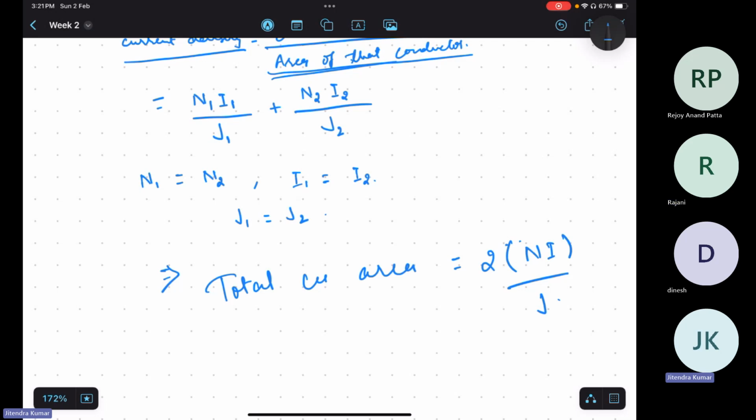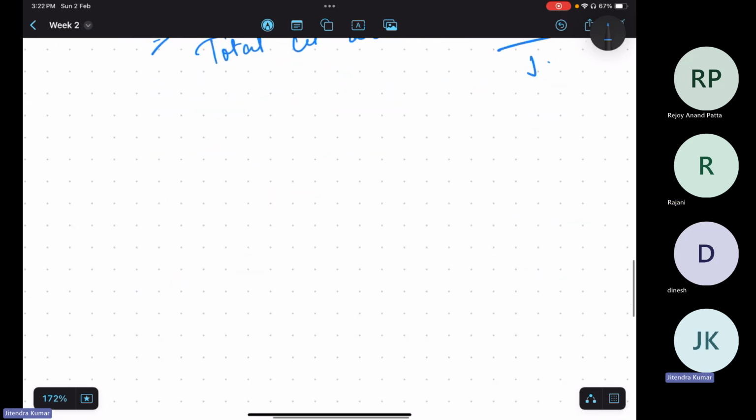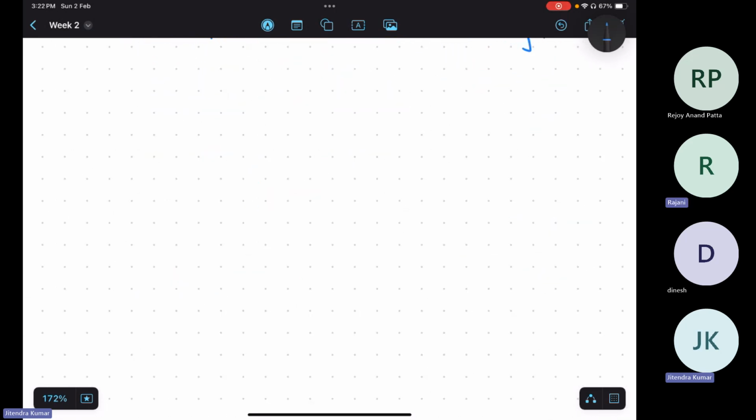So now our next objective is to calculate the KVA rating of the machine. This is another most important parameter to solve the problems.